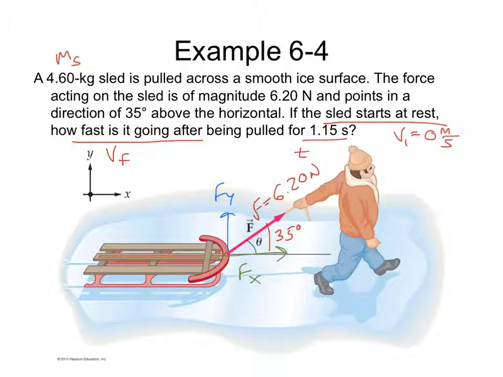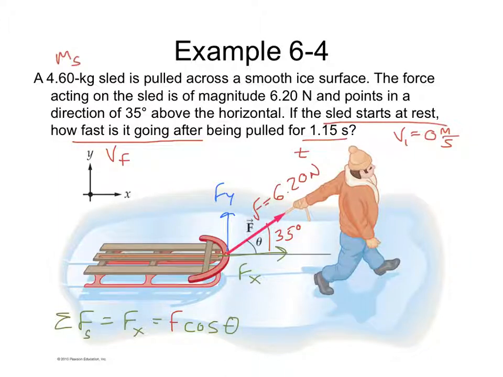All right, so let's go ahead and write that out. So the net force on the sled is really the force in the x direction. That's what we just said right here. And so we can figure out what that is. That's going to be the full magnitude, so it's going to be F times the cosine of 35 degrees. In fact, I'll just keep it generic for now. Cosine of theta.